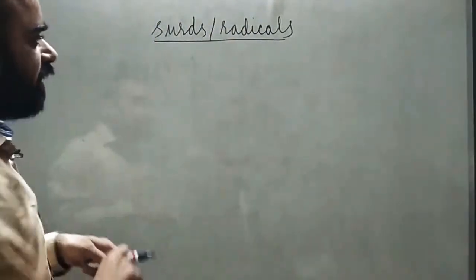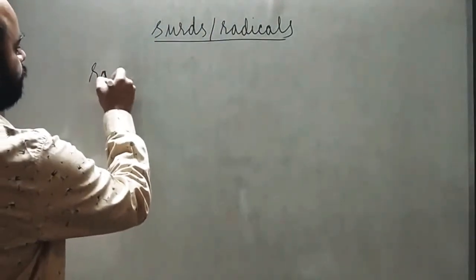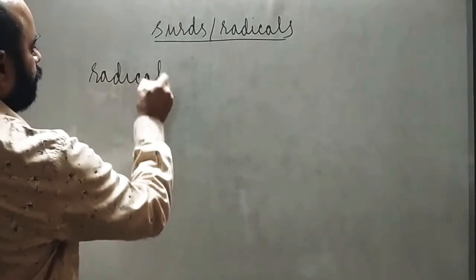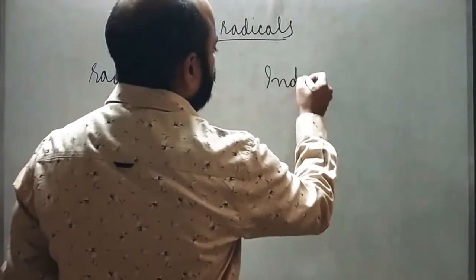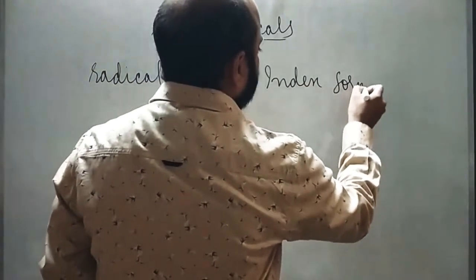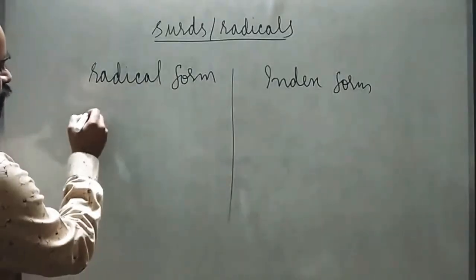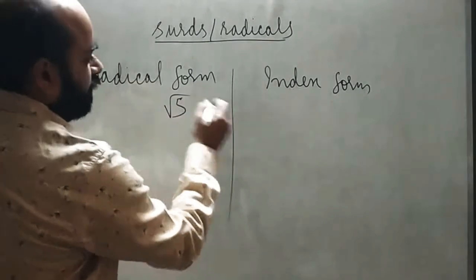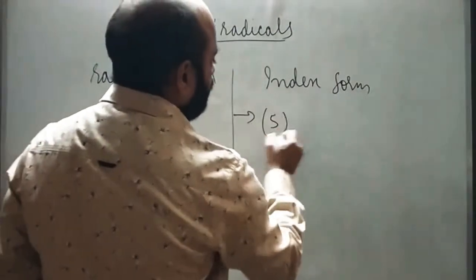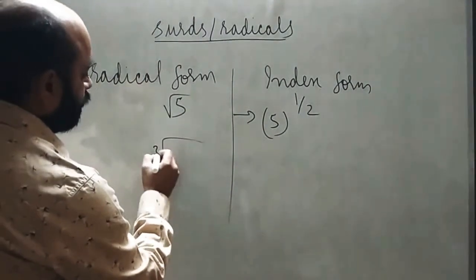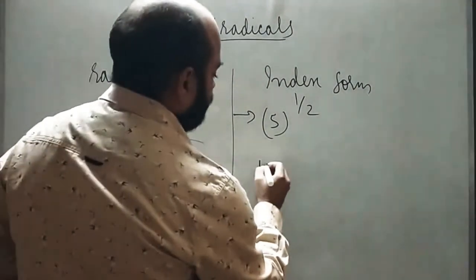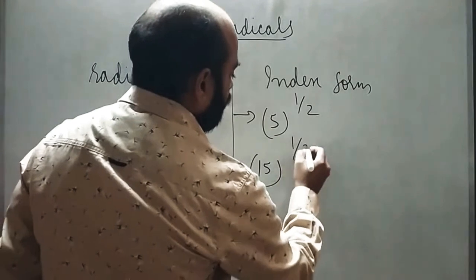Now another thing, we have two forms: radical form or index form. Index form means, suppose root 5 is written, we can write this as 5 to the power 1 by 2. If third root of 15 is written, we can write 15 to the power 1 by 3.